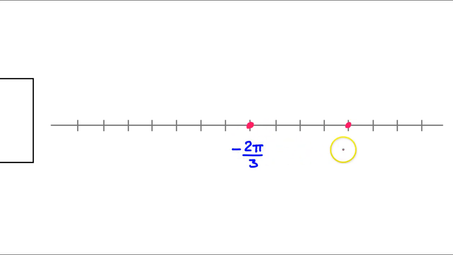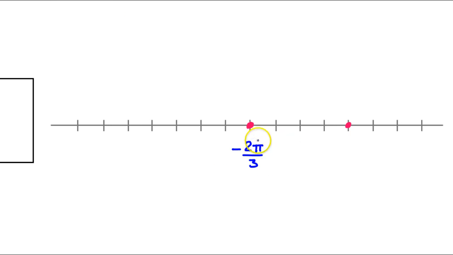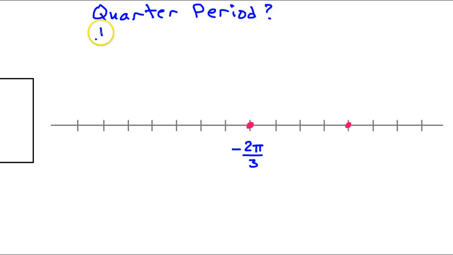Now, I need these numbers though. I need to number the x-axis. Now, I just mentioned that every one of these marks is 1/4 of the period over. So, I need to know what is 1/4 of the period. Okay, well, so it's 1/4 of the period.